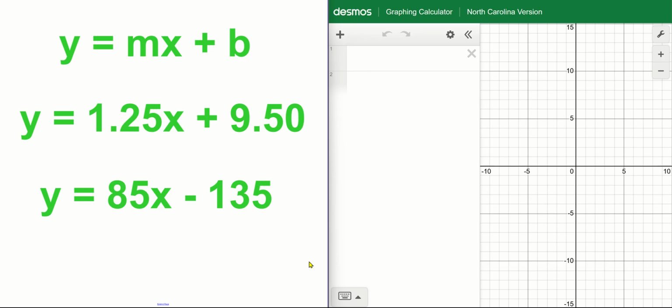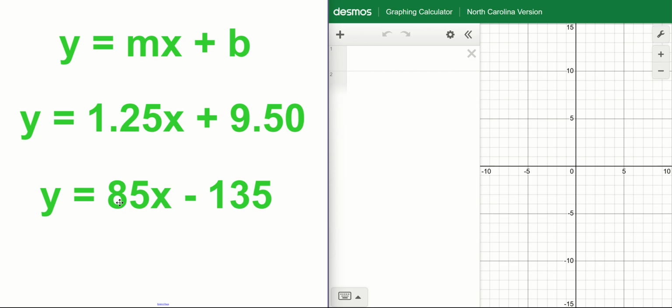No, not quite. 85 for the slope and negative 135 for the y-intercept. When it's got the minus, that makes the y-intercept a negative. So we got negative 135 for our y-intercept, slope of 85.